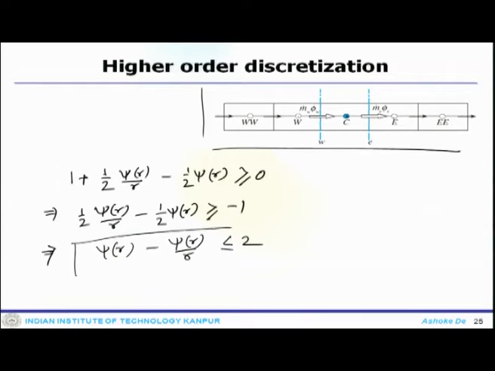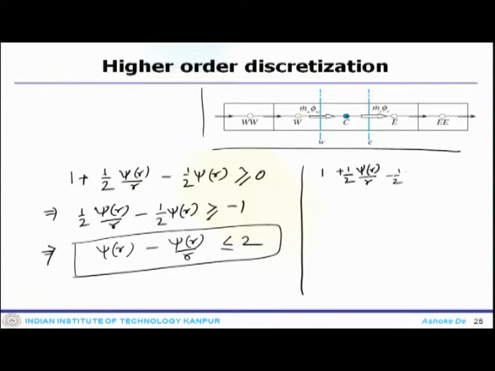So, that is one condition that you get, and the other one is that 1 plus half psi r by r minus half psi r less than or equal to 1, that means half psi r by r minus half psi r less than 0, so psi r minus psi r by r greater than 0.